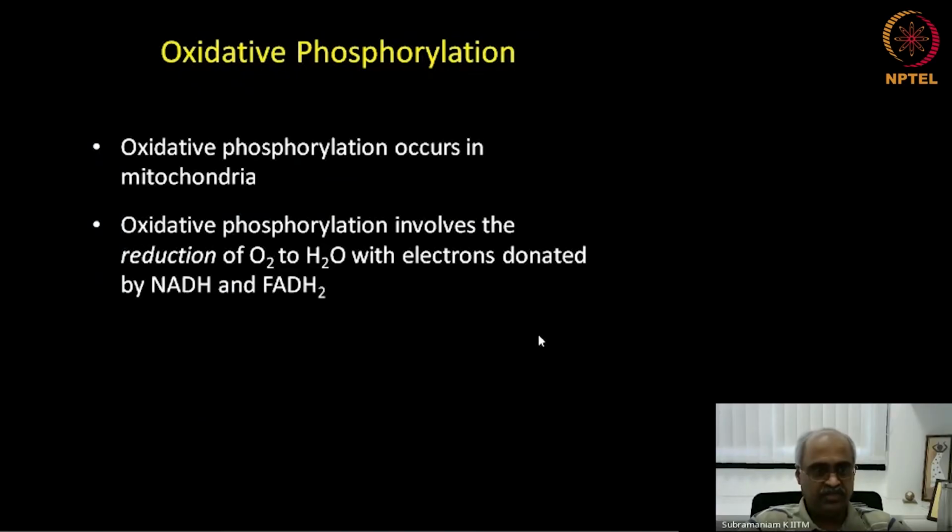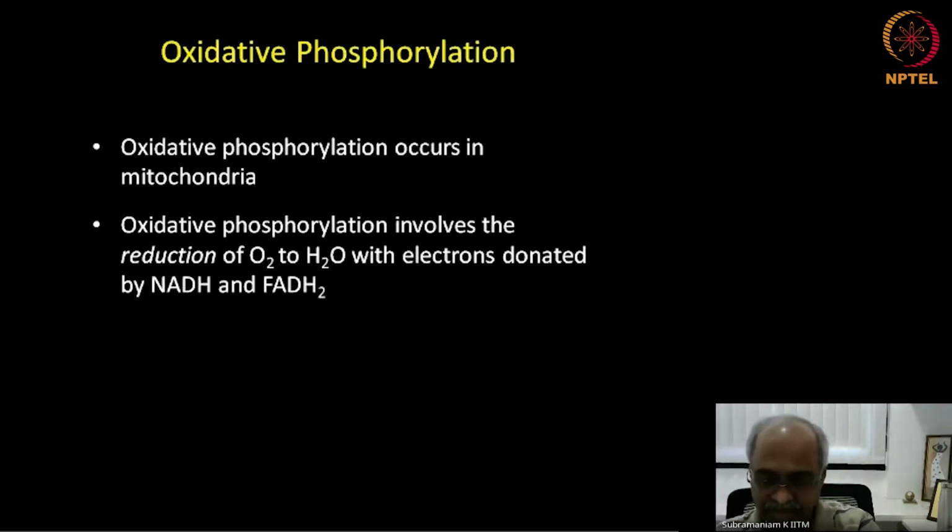Ultimately, the electrons are going to flow through to reduce oxygen to water. The electrons are ultimately accepted by oxygen, and that gets reduced to water. So let us get into the discussion on this.